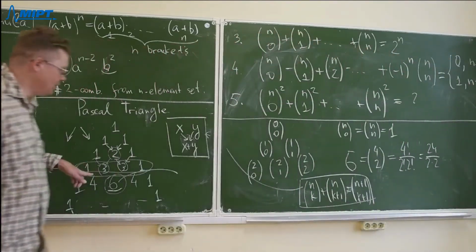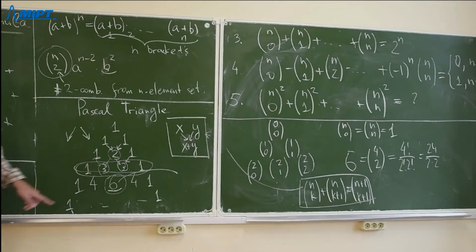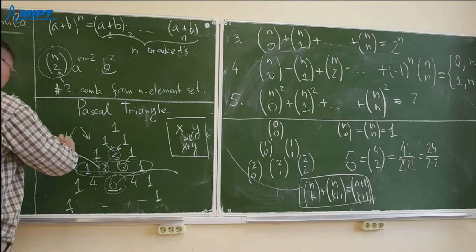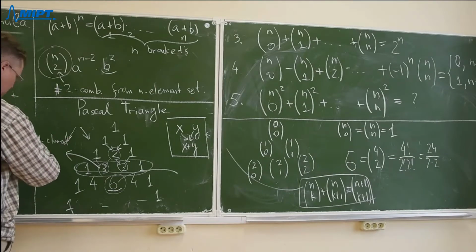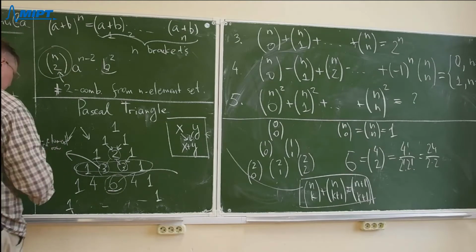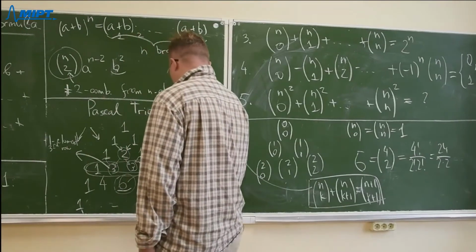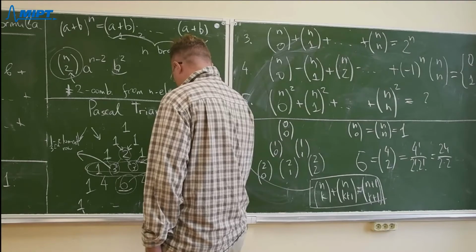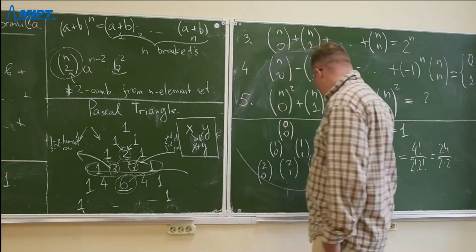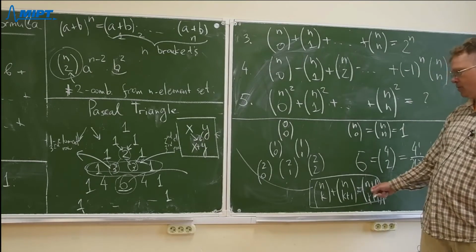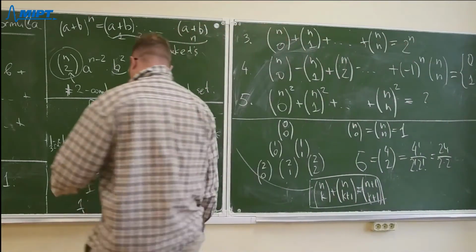So this is the first element in the third row, and this is the second element of the third row. If I sum them, I will get the third element in the fourth row. So I can prove it by induction.